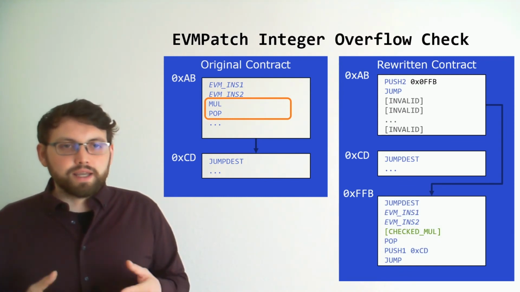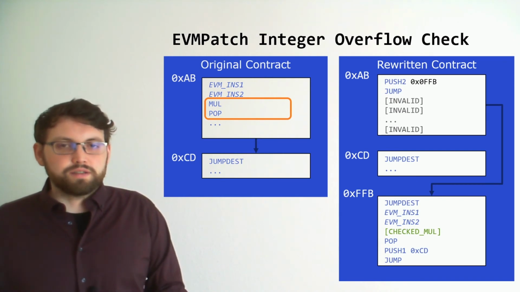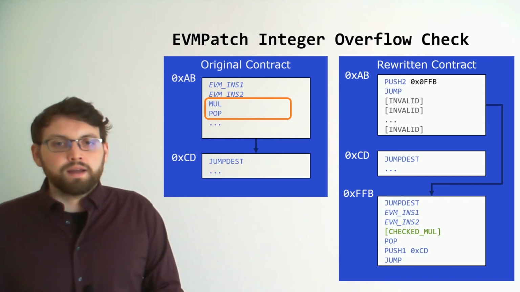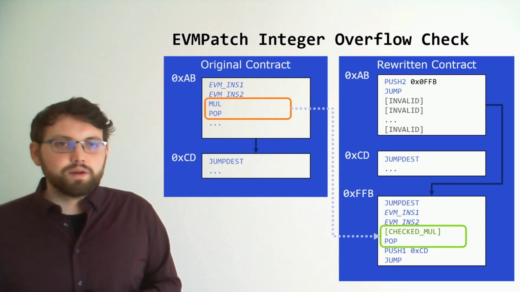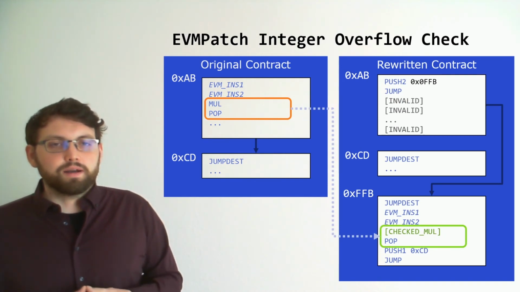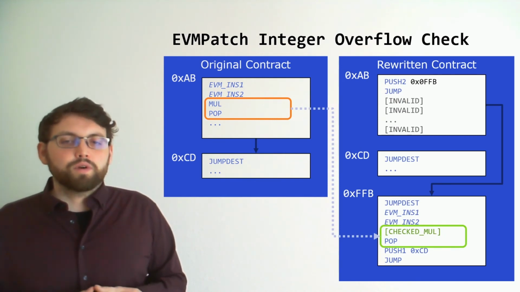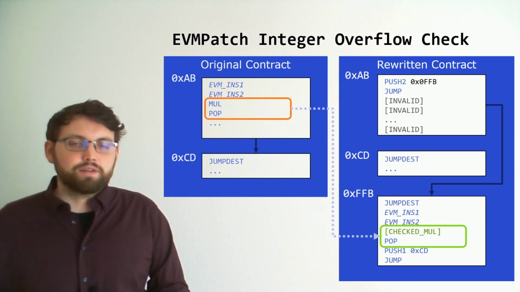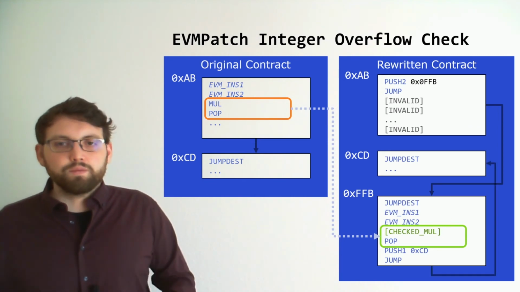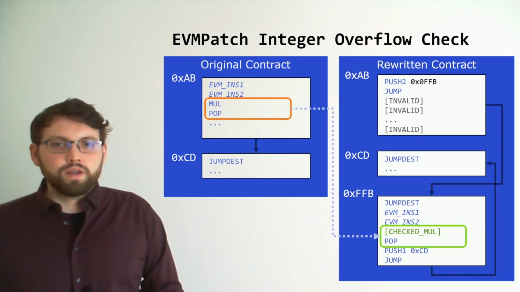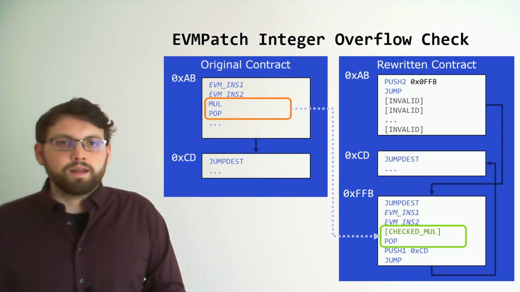And there we can insert as many new instructions as we like. This means here we can replace the vulnerable multiplication instruction with a checked multiplication patch template from EVMPatch. Then we simply jump back to the original code and have concluded the bytecode rewriting.